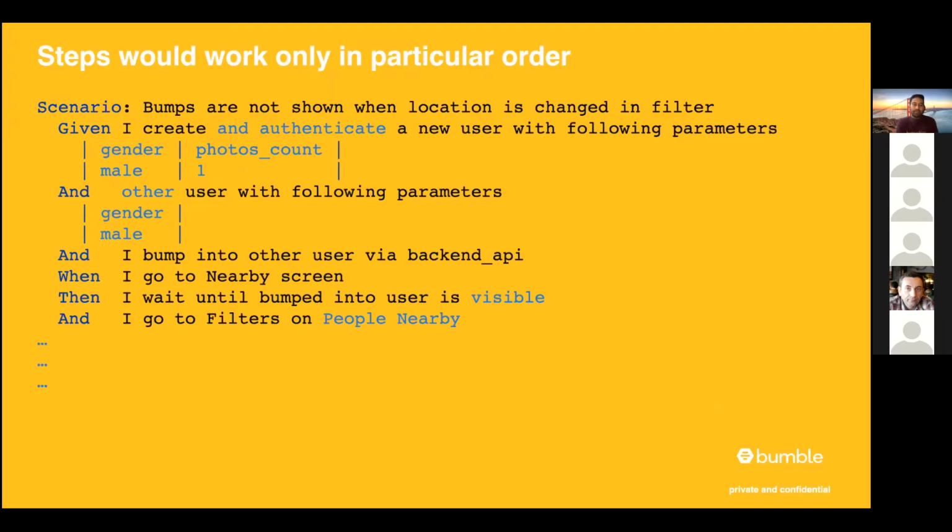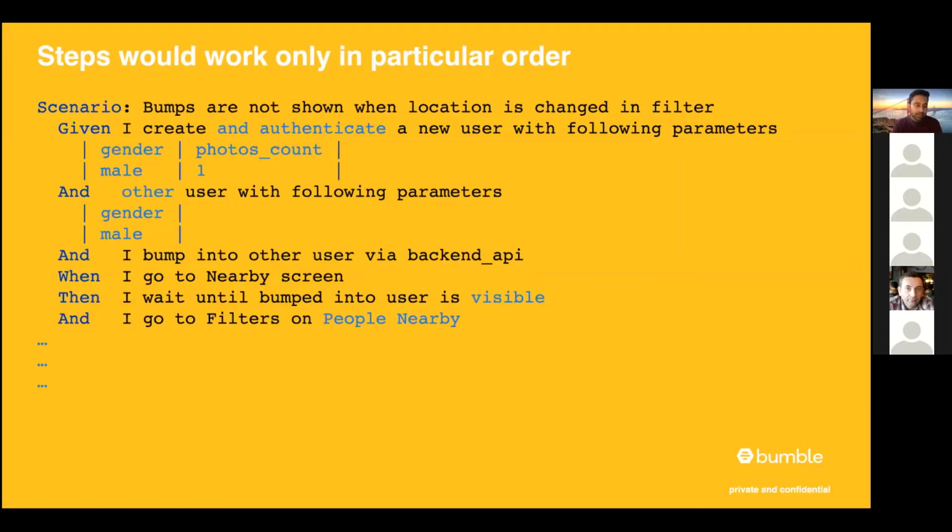While fixing these issues, we also saw that our steps would only work when they are in a particular order. We had legacy scenarios where we were not giving names to the users when creating the test data, the users in our feature files, and we were relying on their default name.